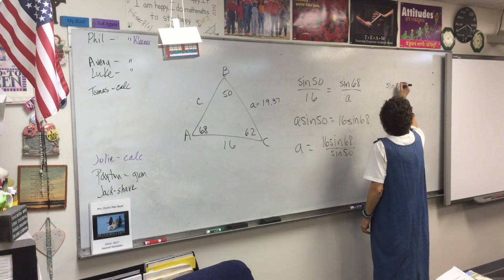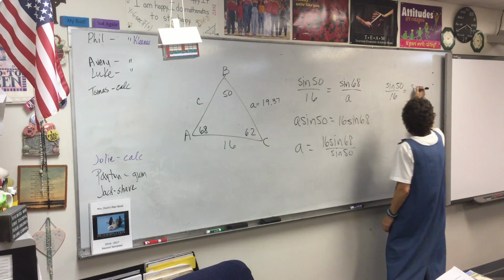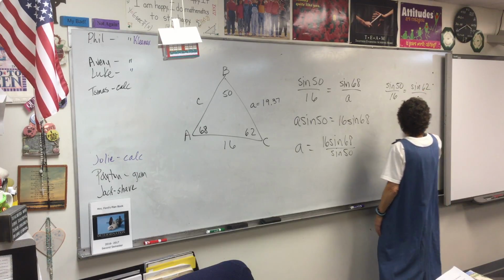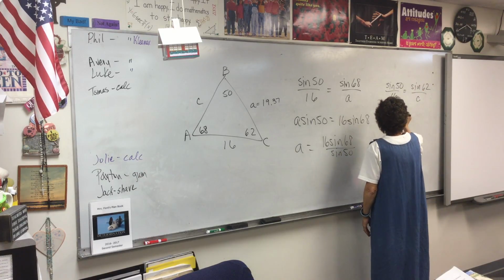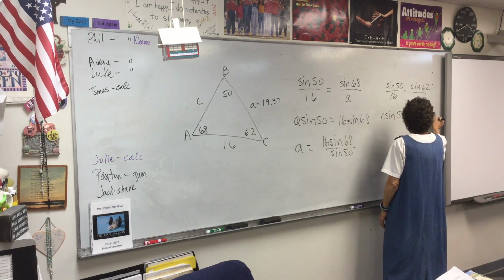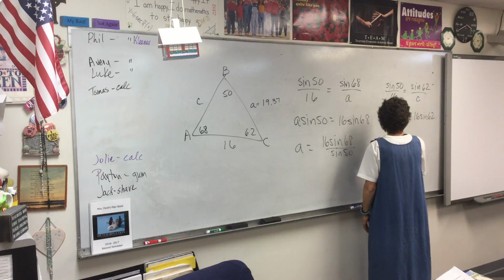Sine 50 over 16 equals sine 62 over C. I will cross multiply just like we did before, and I'll do exactly what Clayton told me to do.